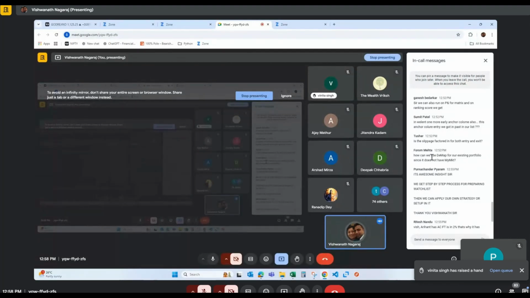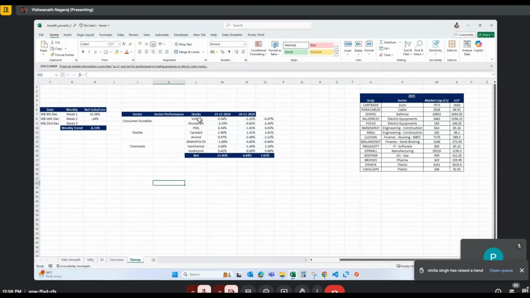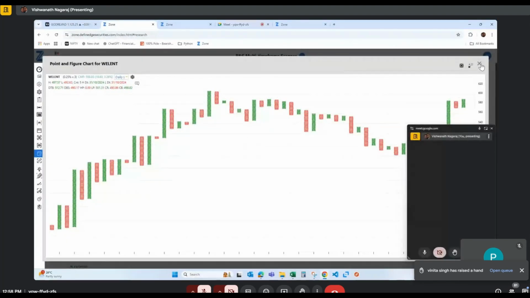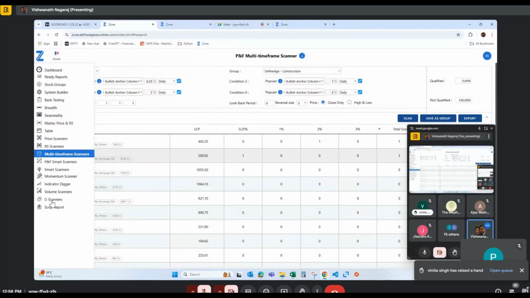How can we use DMAP for our existing portfolio since it does not have my market? Okay. What I would do in this scenario, I would have an Excel sheet, of course, like this. Which are the sectors I am more heavily weighted on? And then I will come to DMAP.